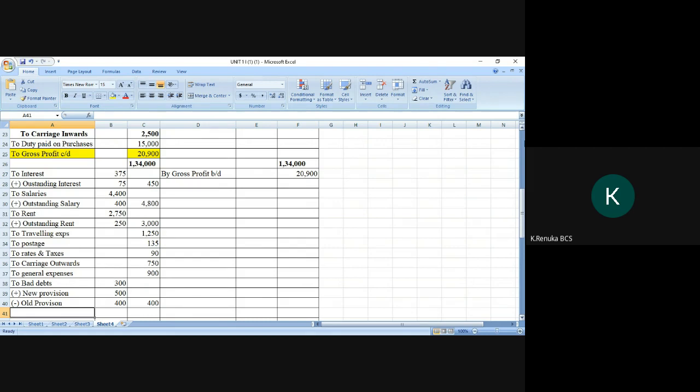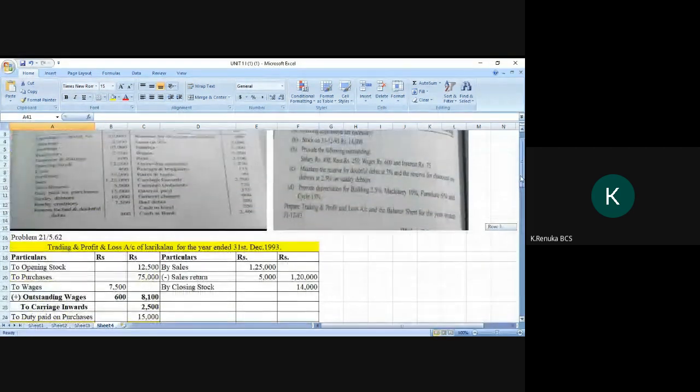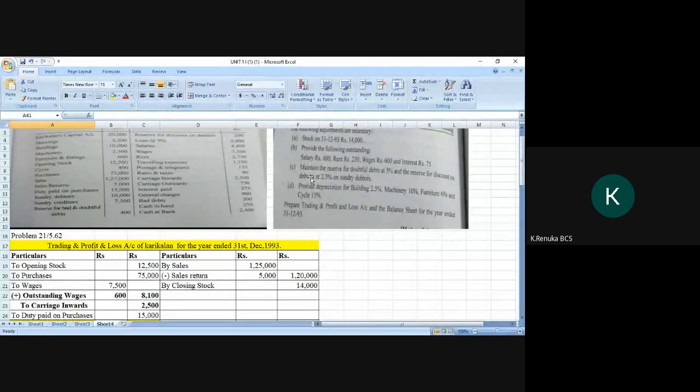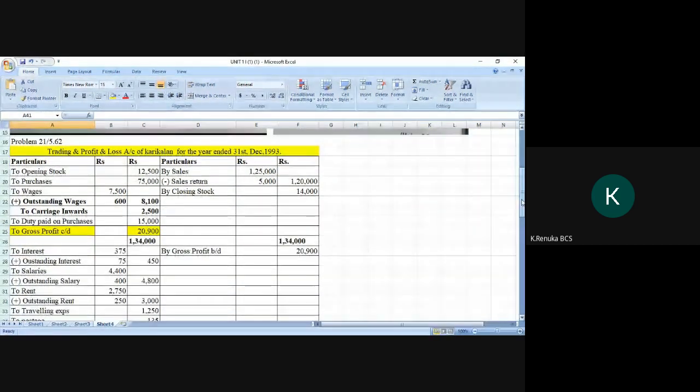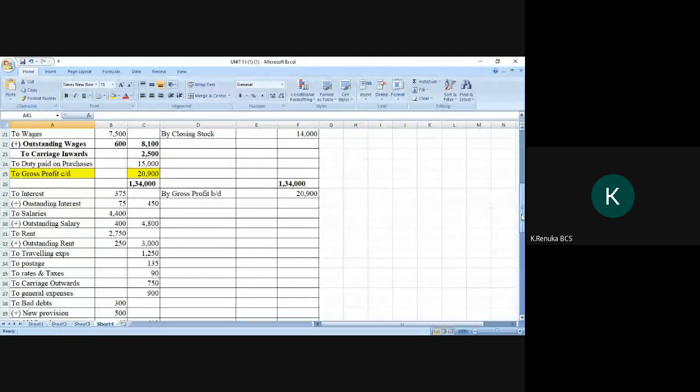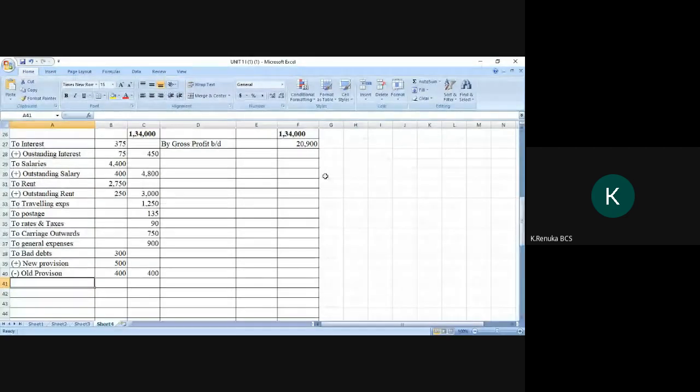So this new provision, how you need to calculate this. Here they have given you to maintain the reserve for doubtful debts at 5%. They have not given any values, they have given the percentage. So here I'm going to calculate this new provision. New provision is equal to 5% on debtors.